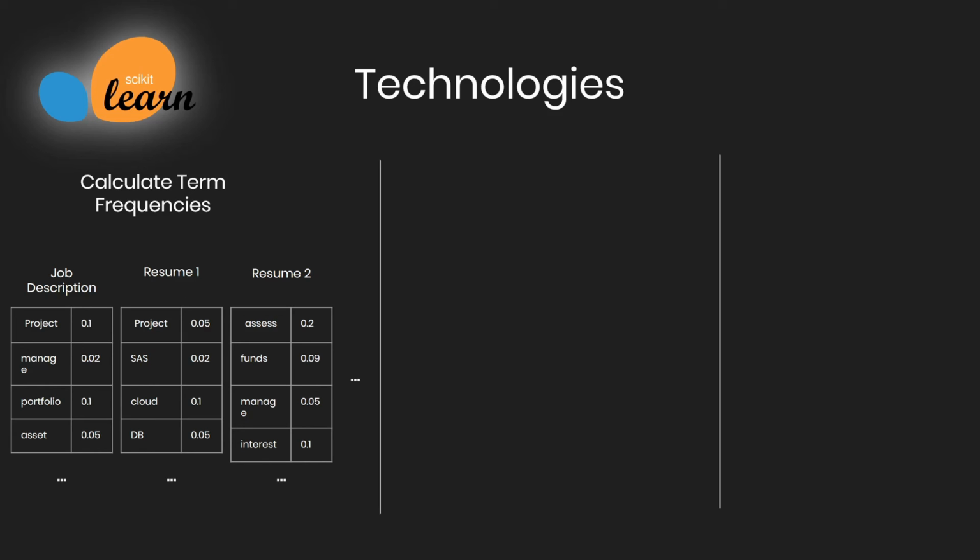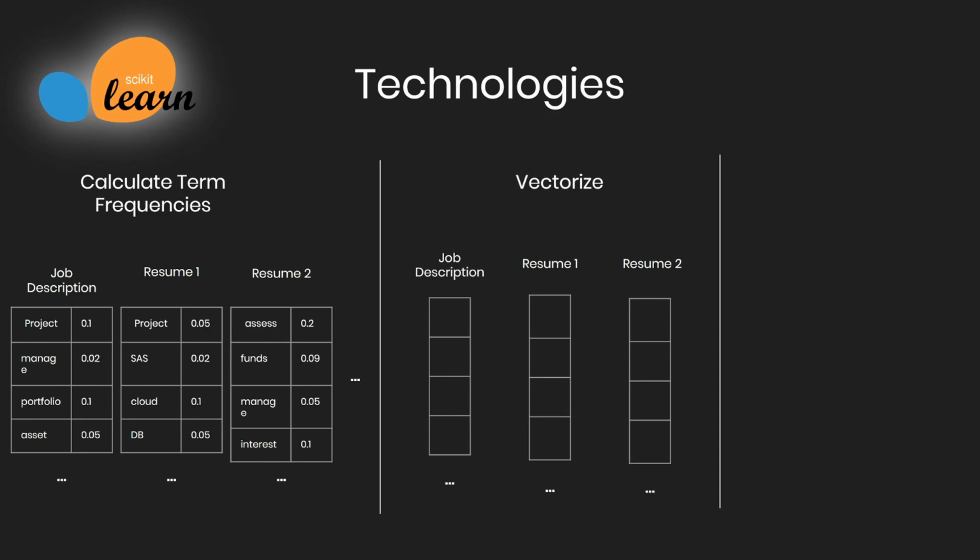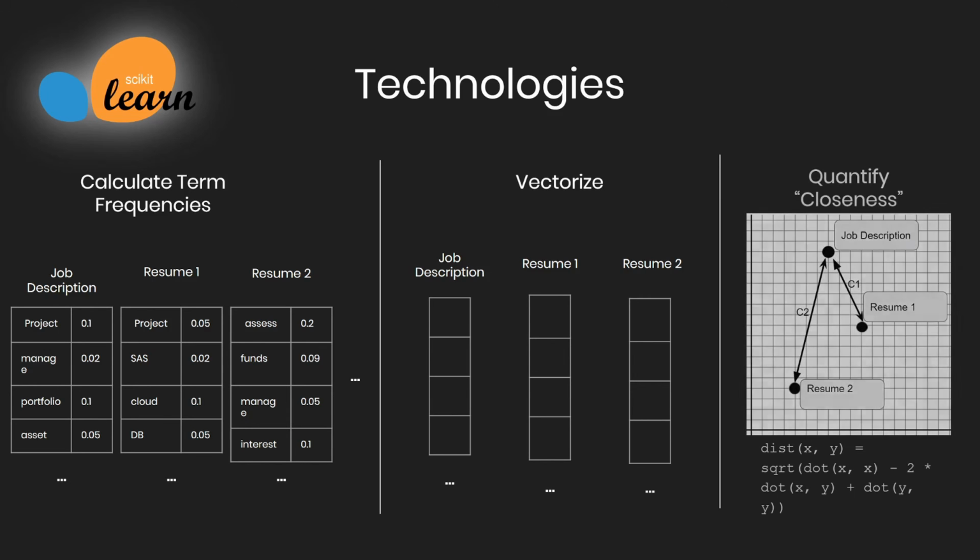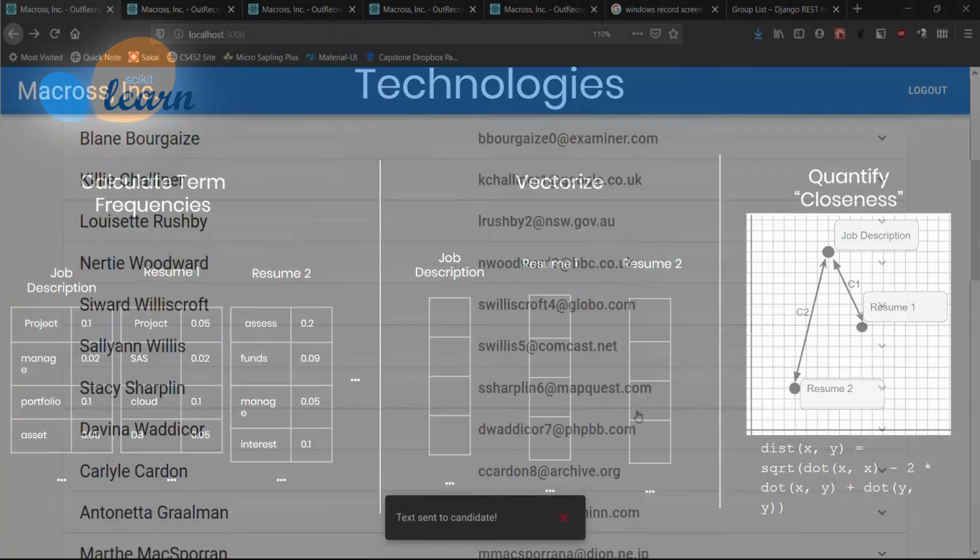Words like that are way too common in the English language to be helpful in making our determination. After calculating term frequencies, we vectorize all the quantities and make our ranking determination based on how close the job description vector is to each resume. The closeness between the resumes and job description is quantified using the Euclidean distance metric.